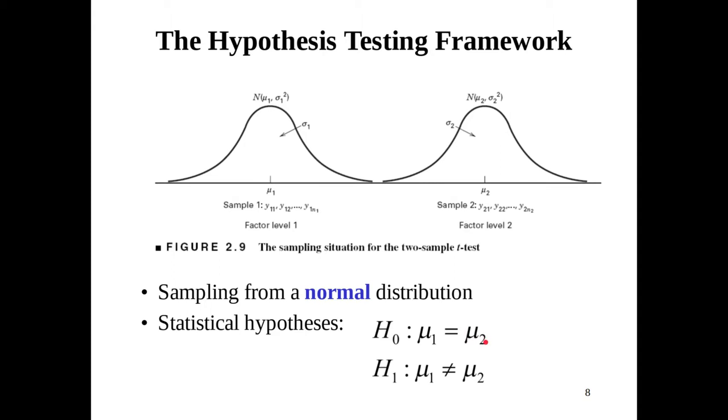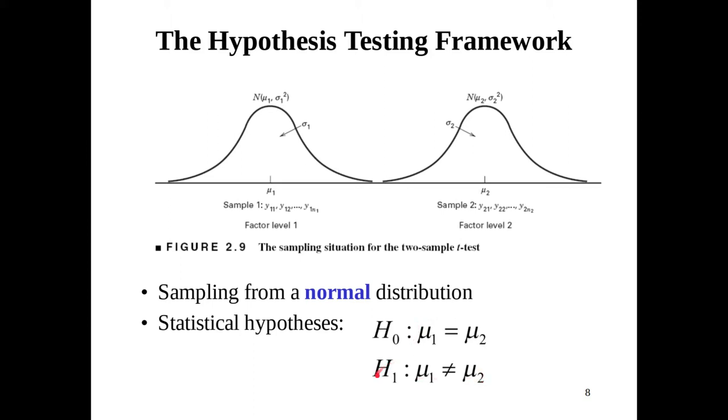Mean tension bond strength. Those means are equal. That means there are no differences, right? Versus the alternative hypothesis, mu1 is not equal to mu2, which means there are differences between the two populations' tension bond strength.